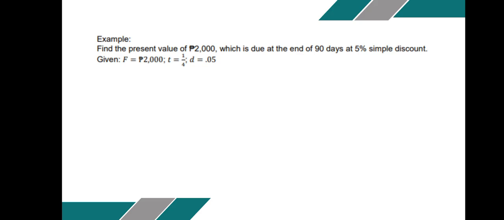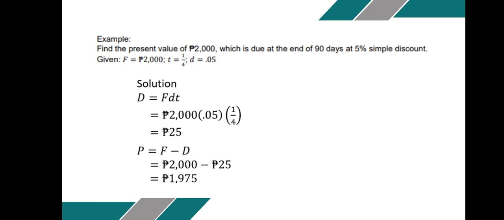And then, yung discount rate naman natin dito is 5%, or when converted in decimal form, that is equal to 0.05. Now, after identifying the given, let's solve for the discount. Okay, so the simple discount would be D is equal to F times d times t.